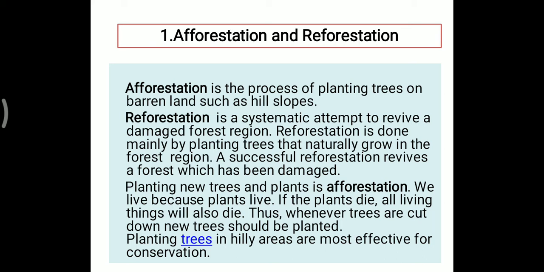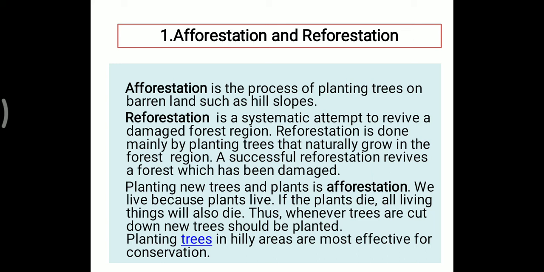So we can define reforestation in other words also. Reforestation is a systematic attempt to revive a damaged forest region. It is done mainly by planting trees that naturally grow in the forest region. A successful reforestation revives a forest which has been damaged.